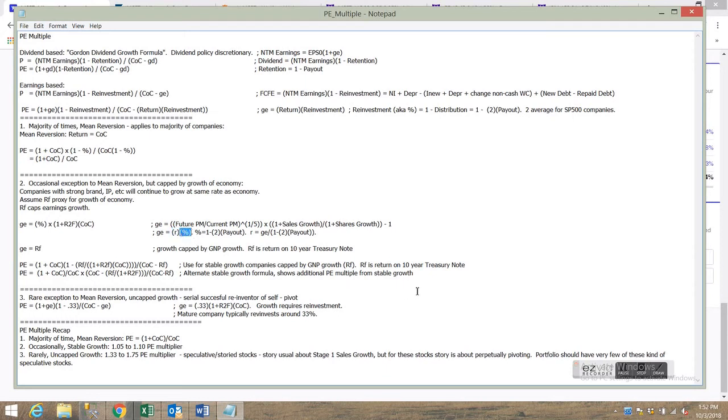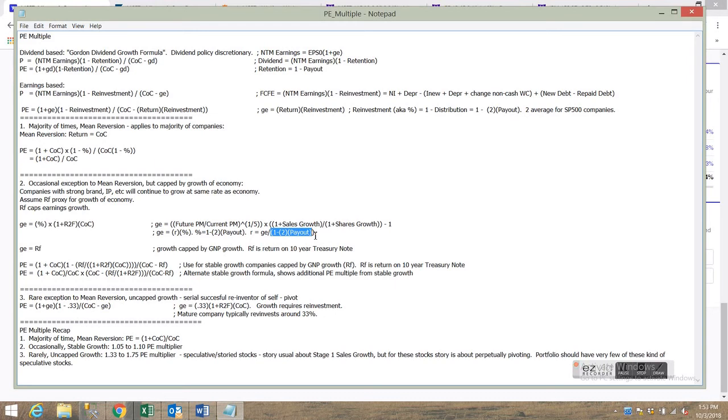If we know that, we can calculate the current R. That's not really easy to determine, but a rule of thumb is that most times a retention rate is about 1 minus 2 times the payout. The current dividend payout of Microsoft is about $1.80 on forecasted earnings of a little over $4. So that works out to a 40-some% payout.